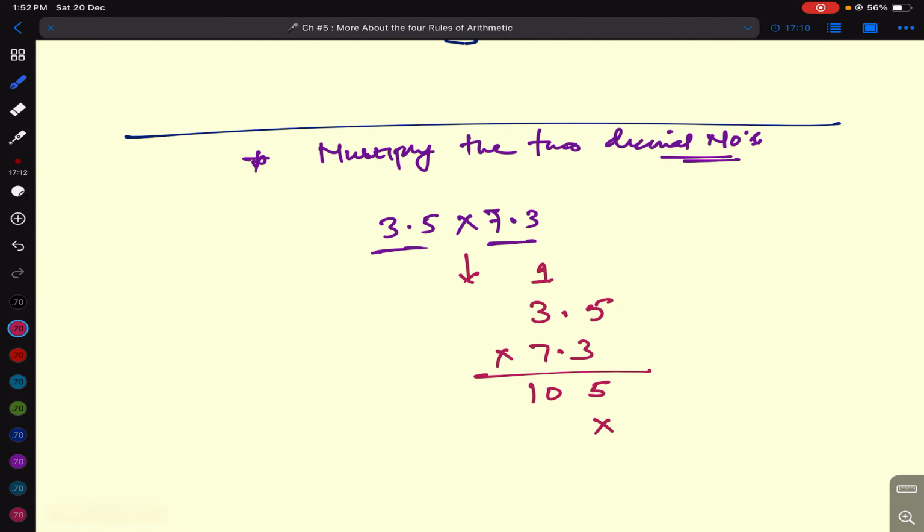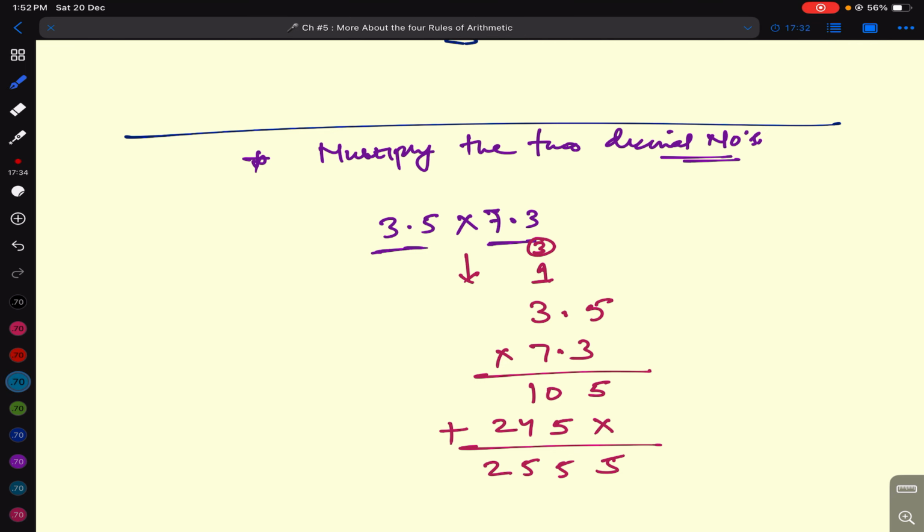Then we'll put a cross here. Then 7 is multiplied with 5, so that gives you 35. So here this is 3, and then 7 times 3 plus 3, so that is 21 plus 3, which is 24. Now you can do the sum. So 5, 5, 5, 2.